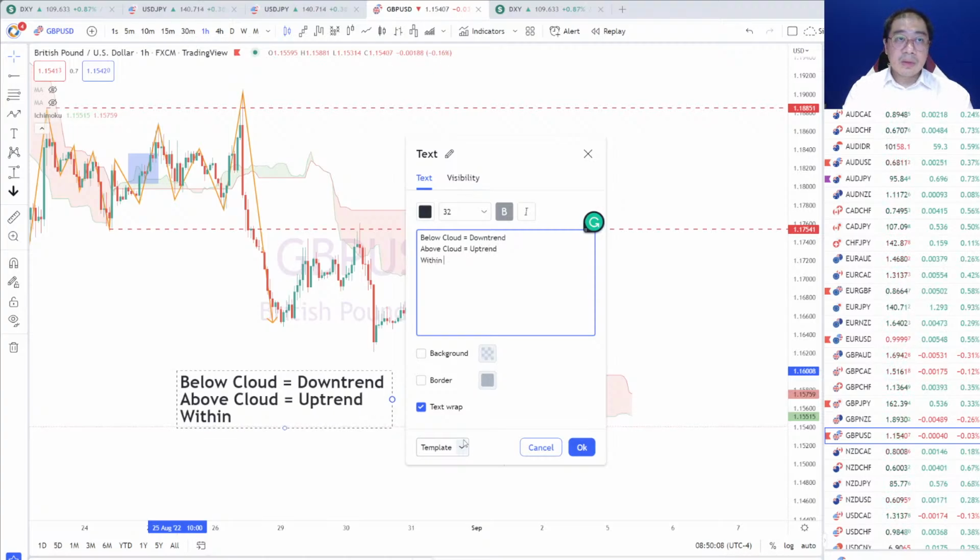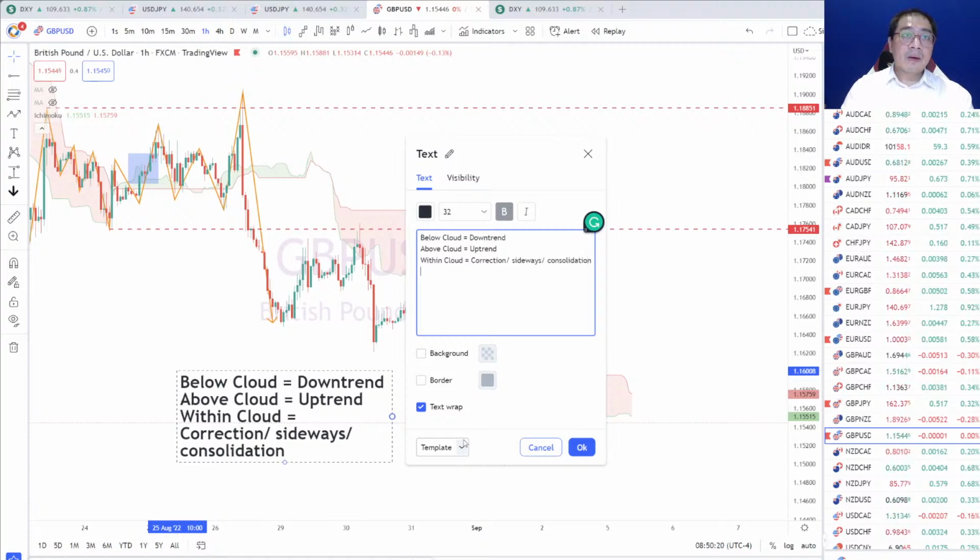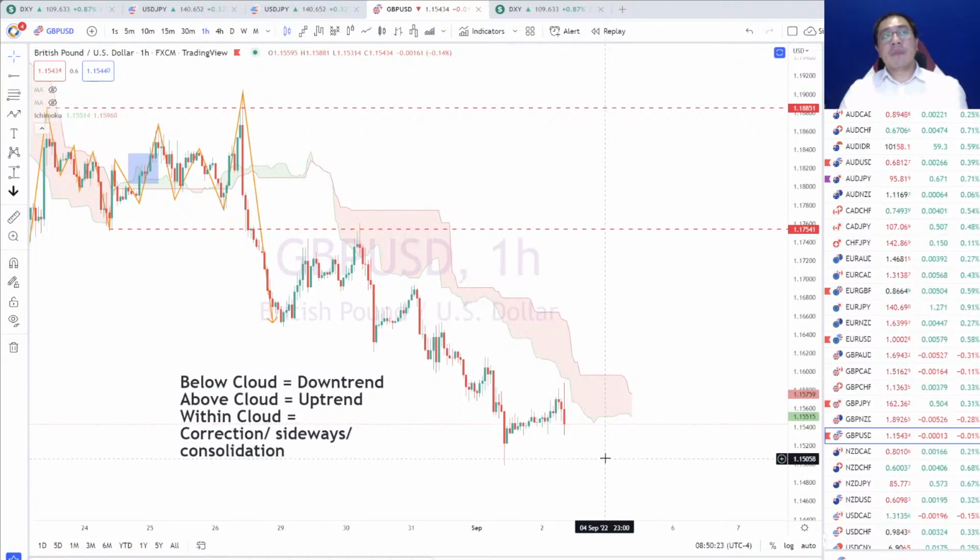Within cloud equals correction, or sideways, or consolidation, right? So if you use Ichimoku Kinko Hyo correctly, you break it down to its simplest form. It's actually a very useful tool. It's a very quick way to look at things.